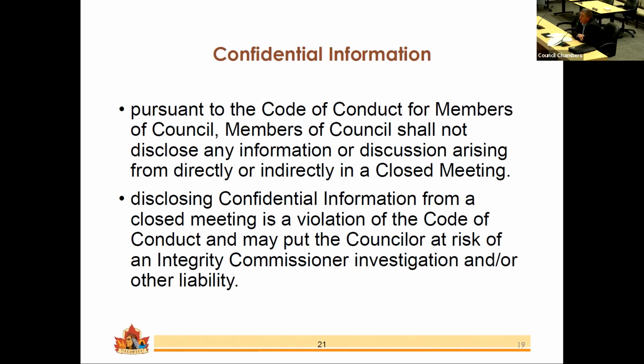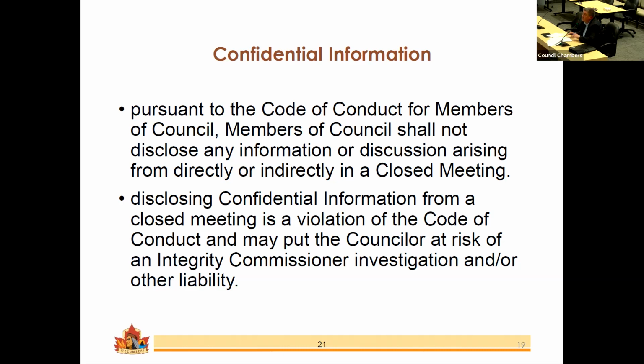And a last note on closed meetings: there's a code of conduct obligation on all members of council not to disclose any information or discussion that came out of that closed meeting. The risk is that there could be a violation of the code of conduct by doing so.